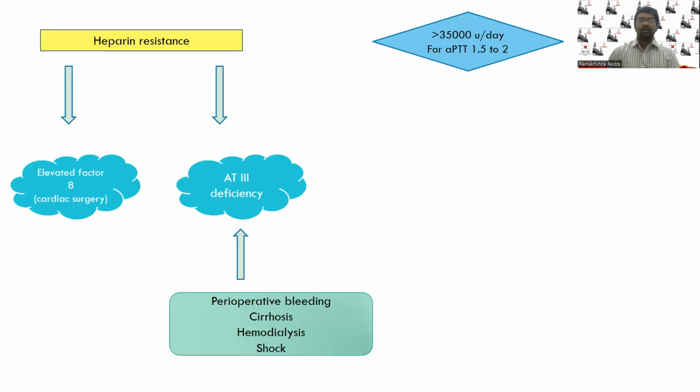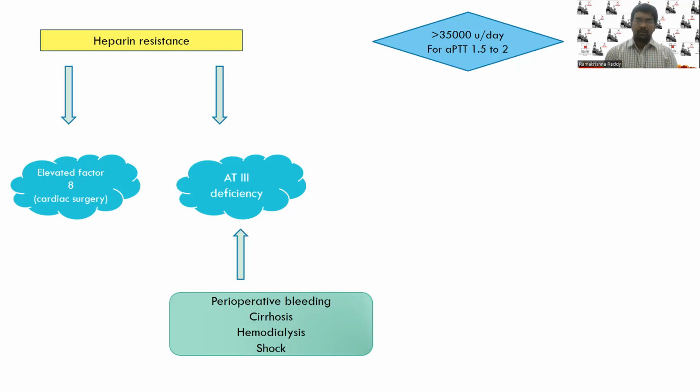So what is heparin resistance? It is a term used when you need to administer more than 35,000 units of heparin per day to achieve an APTT of 1.5 to 2. The most common cause for heparin resistance is antithrombin 3 deficiency.